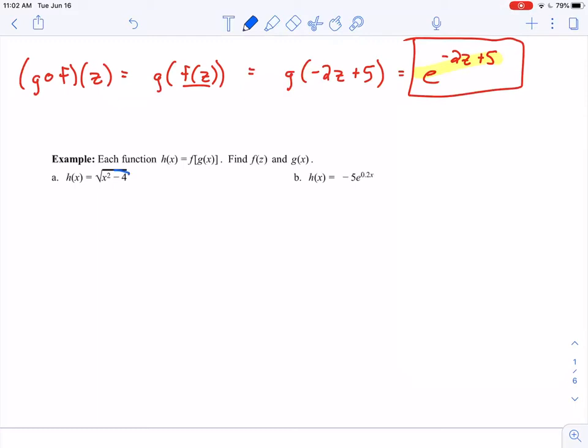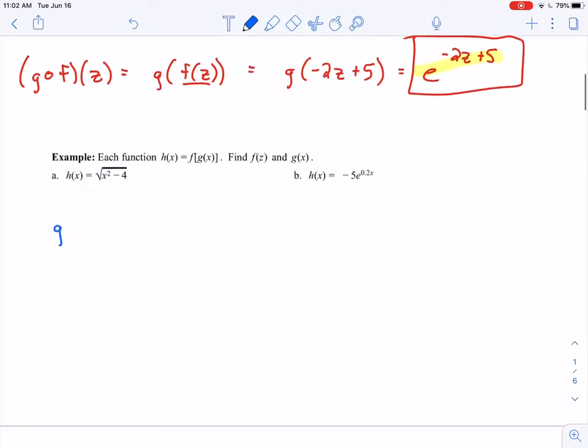So I look at this, I see x squared minus 4. That to me looks like a good candidate for an inside function. So I'm going to call g of x, my inside function, x squared minus 4. My outside function then, which is f of z, I'm going to look at what I started with.